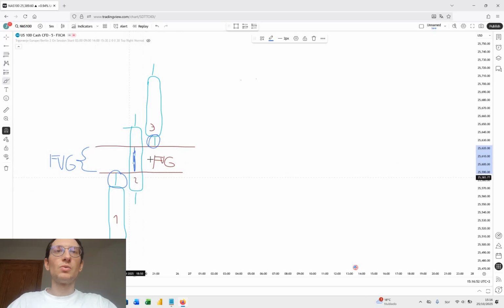People were trying to buy the stock, for example here and here and here, and then the price moved up so quickly that they couldn't buy it here. The next order that was placed was actually on the top, not in between. So those are fair value gaps.